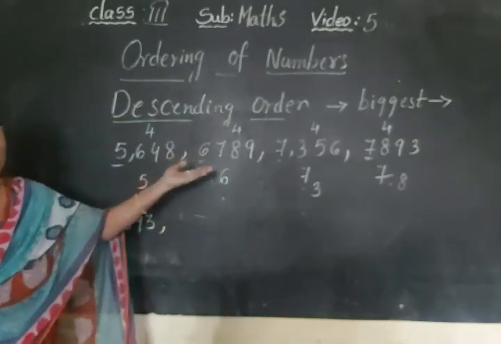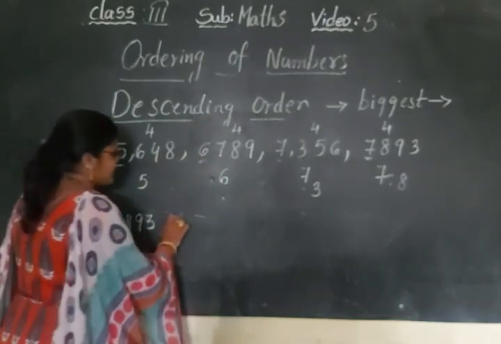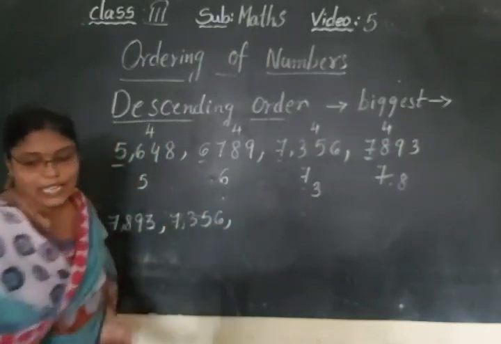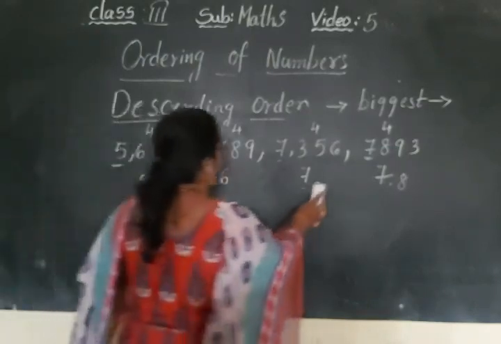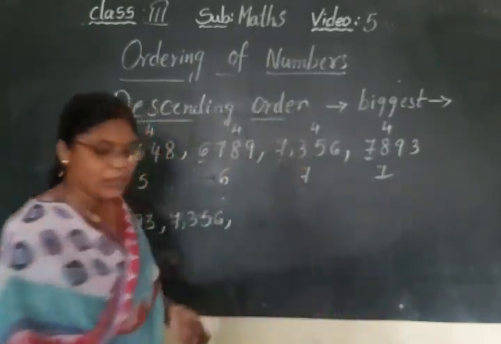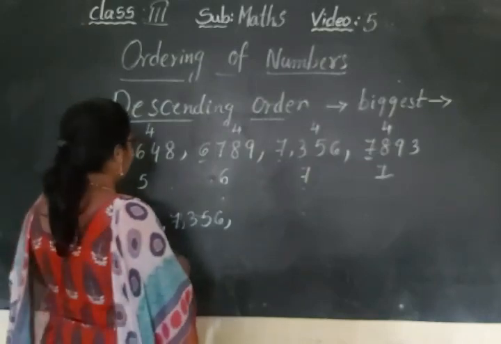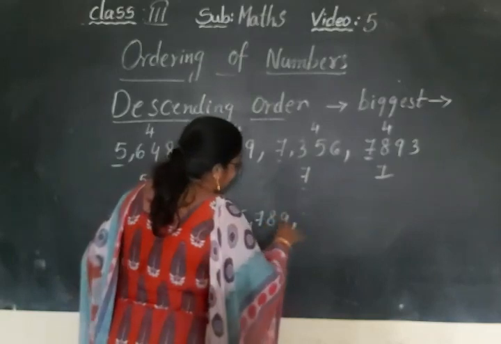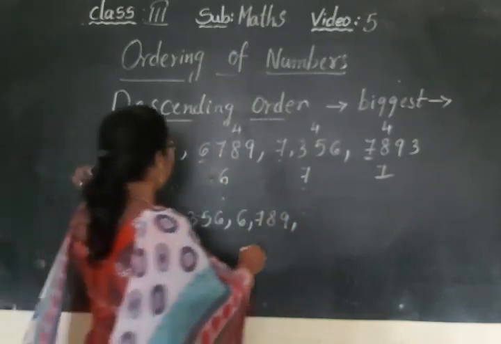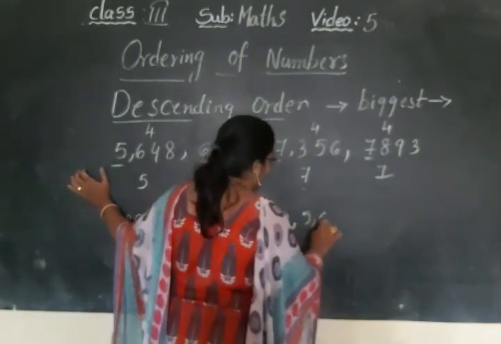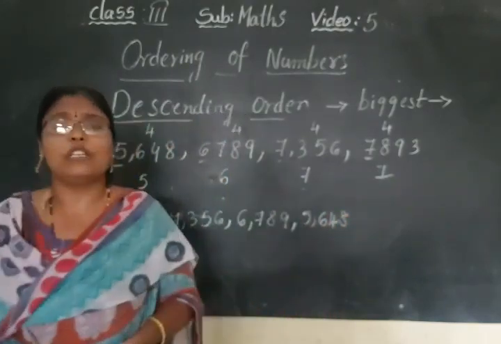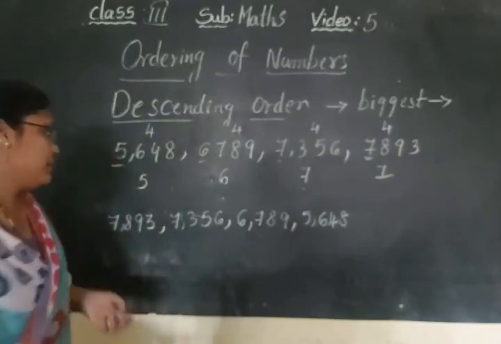Next, what is the second biggest number? 7,356. And third, what is the third number, children? Tell me. The third biggest is 6,789. And the smallest is 5,648. So children, do you understand?